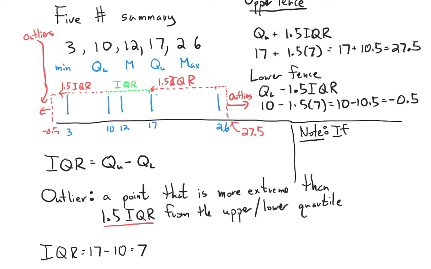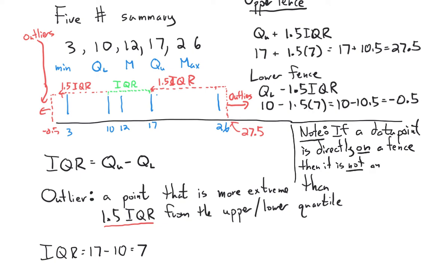If a data point is directly on a fence, you just have to come up with some rule, but the usual rule for us will be that it is not an outlier. Getting a little messy there. I apologize for that. Let me box that off just a little bit better.